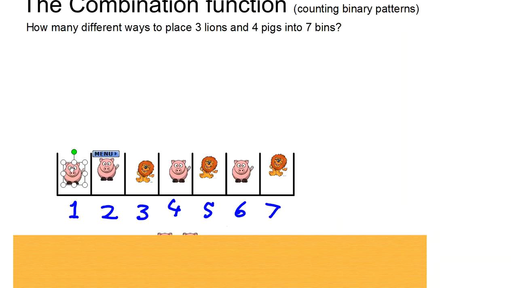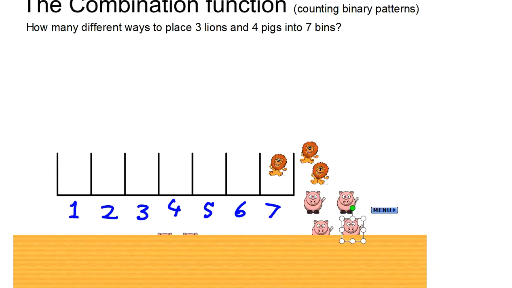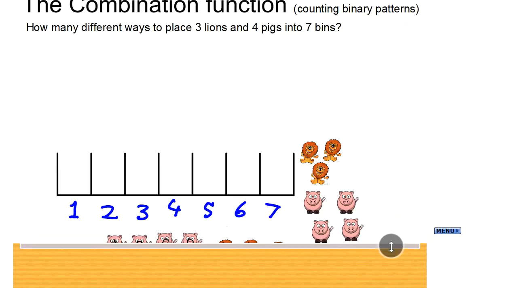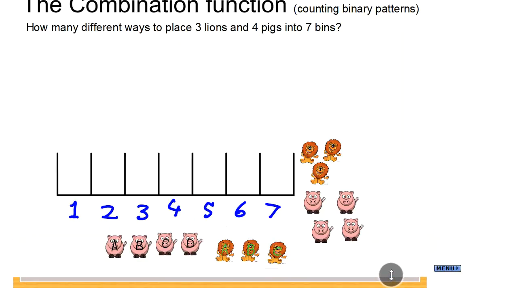We again are going to use the idea of overcounting. Okay, so let's put these back where they were. And what we're going to do is again two stages. First, we're going to consider each pig as a different pig, and then we're going to divide by the number of possibilities.